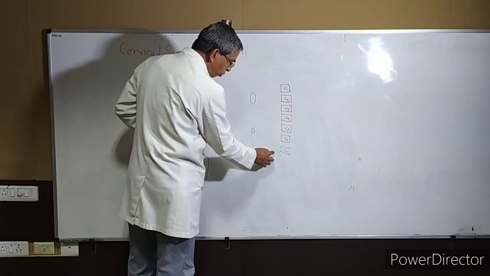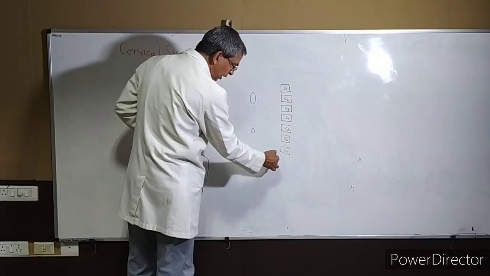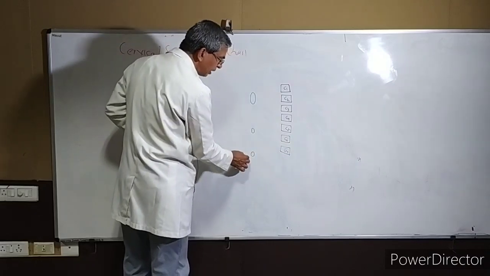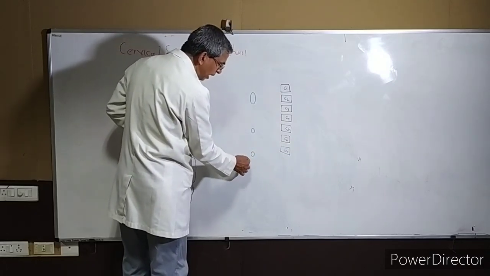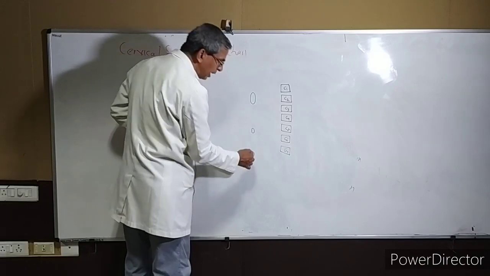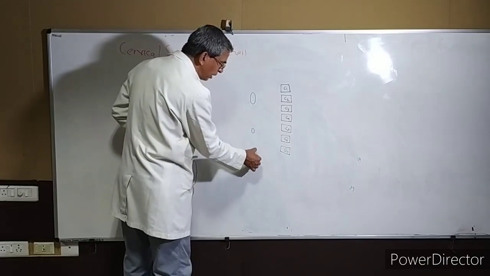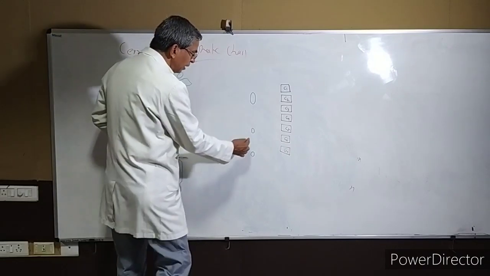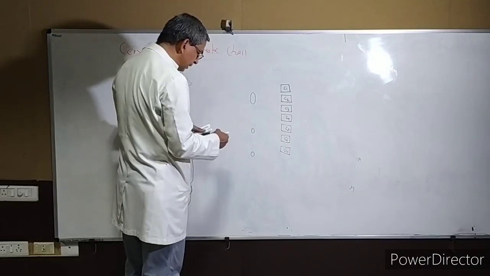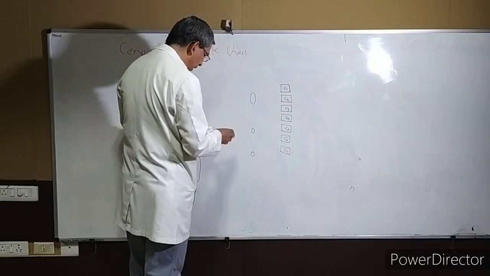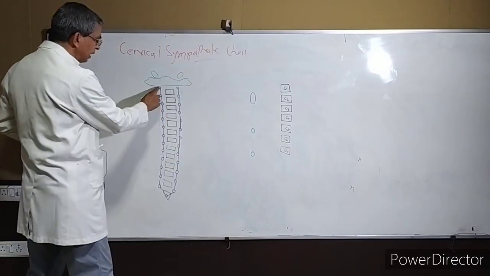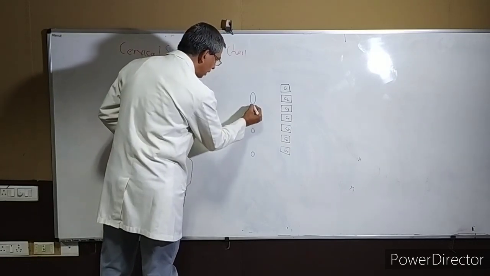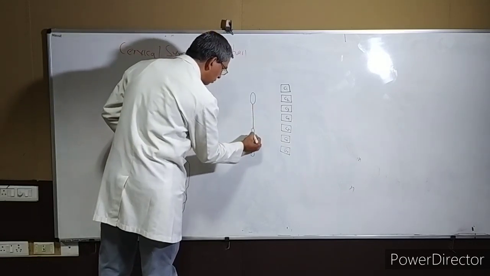The lower ones, related to the C7 and C8 nerves, unite to form the inferior ganglia, which sometimes fuses with the T1 ganglia, the first thoracic ganglia, to become the stellate ganglia or the thoracocervical ganglia. So these are the three ganglia, and they are connected by the interganglionic tract.